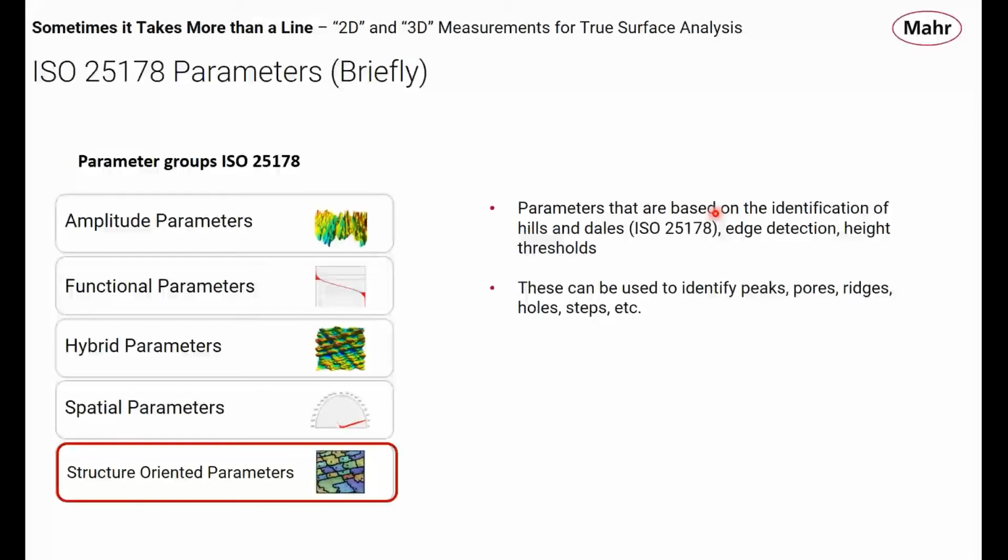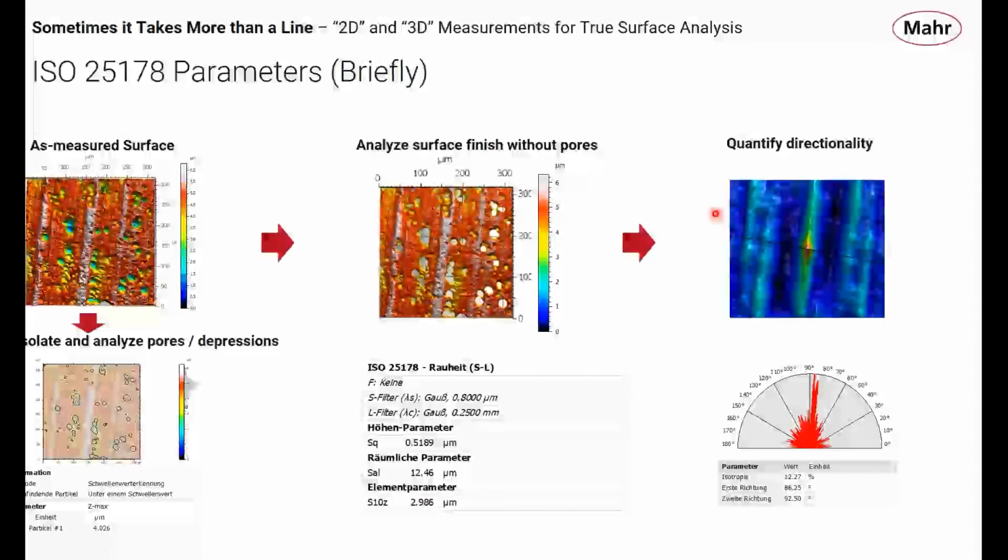We use this for peaks, holes, valleys, troughs, steps, etc. So some type of geometric feature that we have a lot of, and we'd like to identify them somewhat automatically. And this was the example. I'm not going to spend too much time here, but this is what we use to identify these depressions, these pores, and separate them out so that we can classify and quantify the pores, and then also classify and quantify the surface without the pores. So that's when we would use this type of parameter set.